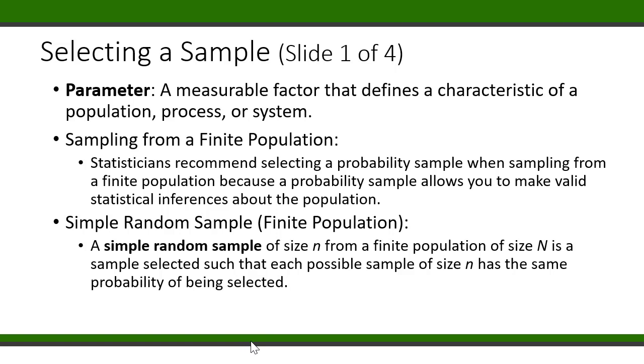What you're trying to avoid there is any bias. So if you're going to select, say, 50, then every time you select 50, everybody should have the same probability of being selected. I shouldn't say everybody, whatever you're sampling has the same probability of being selected.